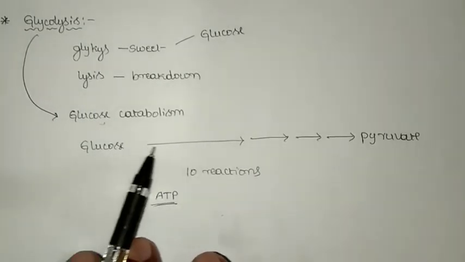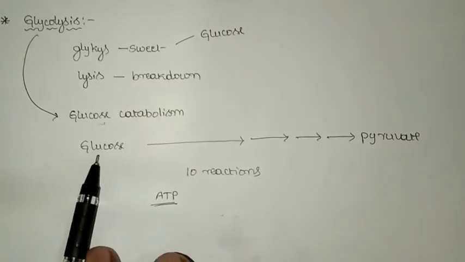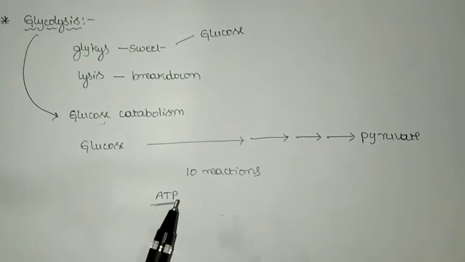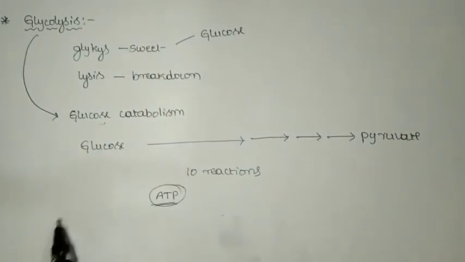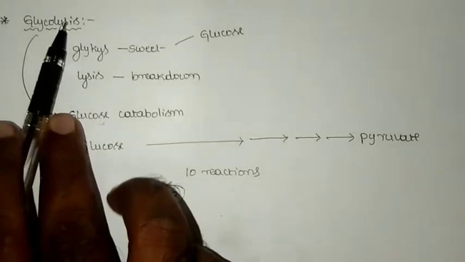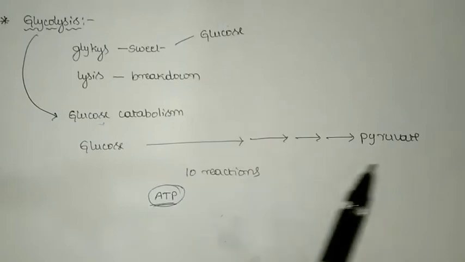So the free energy released in the conversion of glucose into pyruvate during glycolysis will be stored in the form of ATP. And we said there are a total of 10 reactions in glycolysis, starting from glucose and ending with pyruvate.